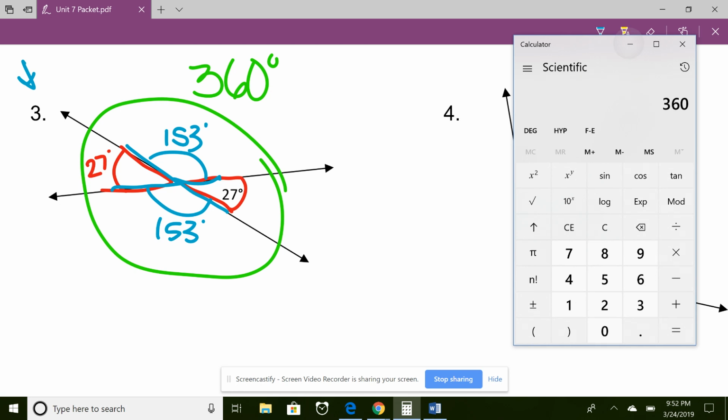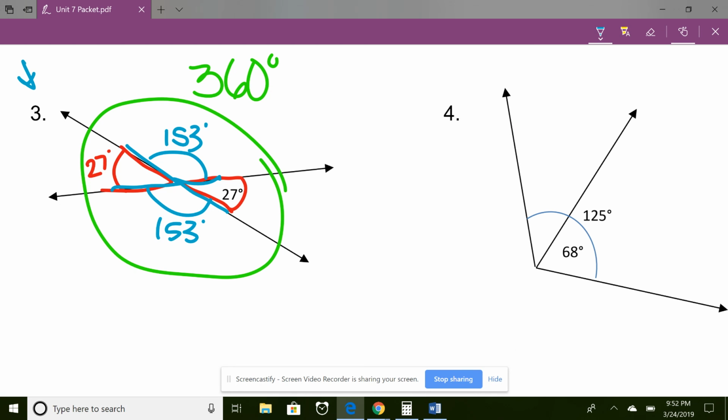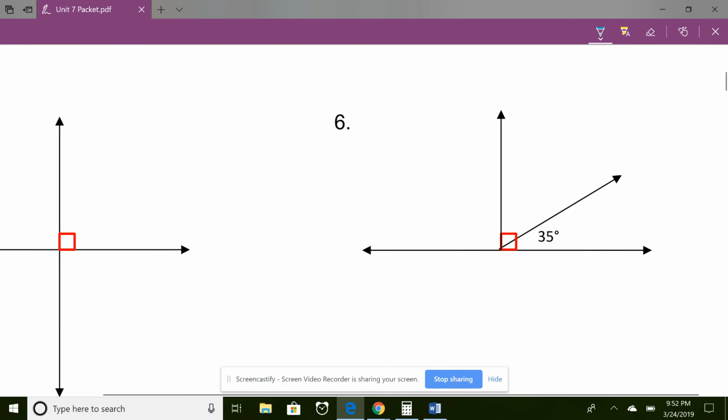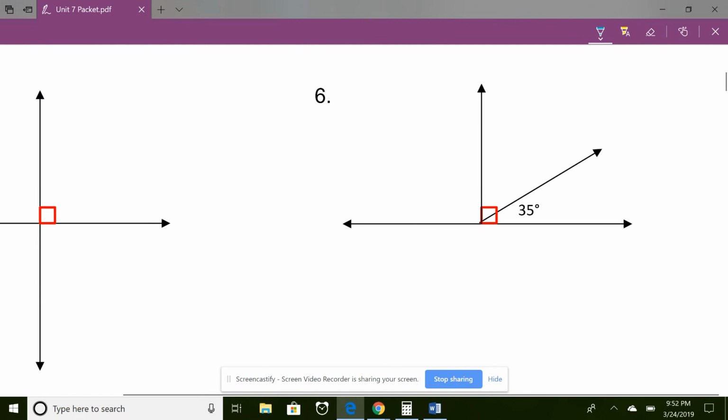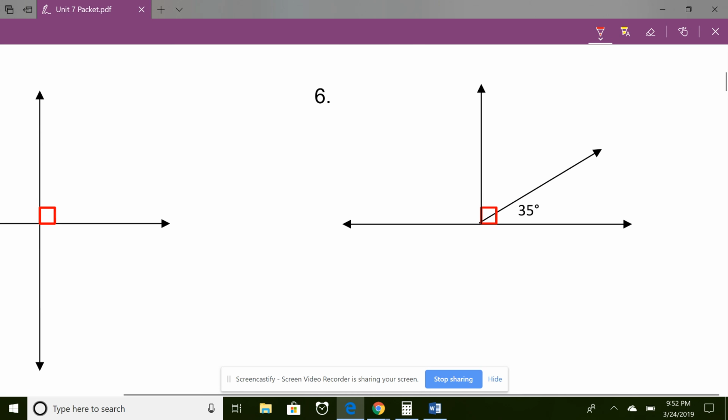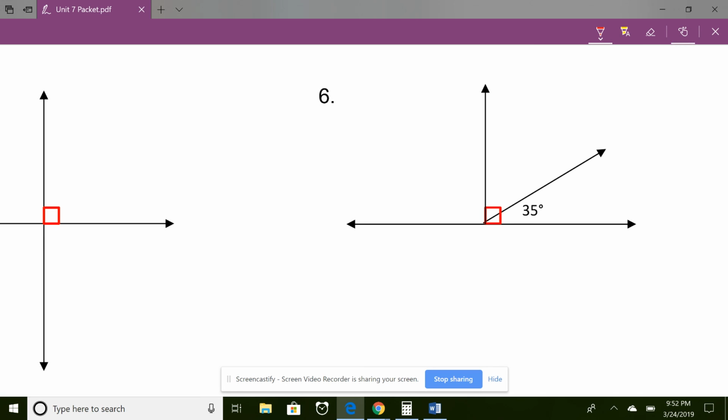All right, let's look at another diagram. Number 6 here. We have different types of angles, like I said before. This one's a little different. Whenever you see this little box here, this box means it's a 90-degree angle.